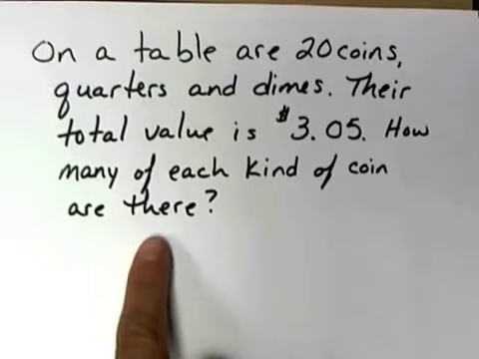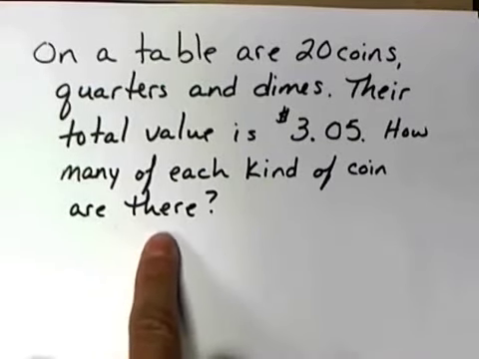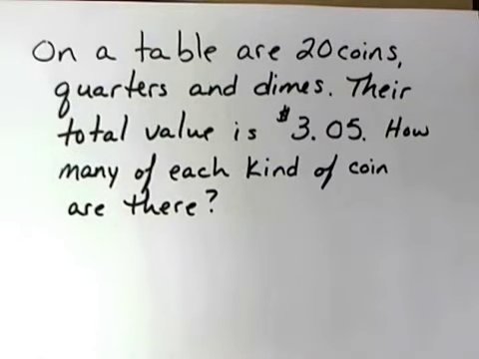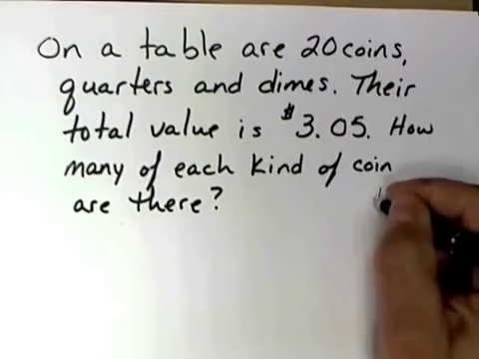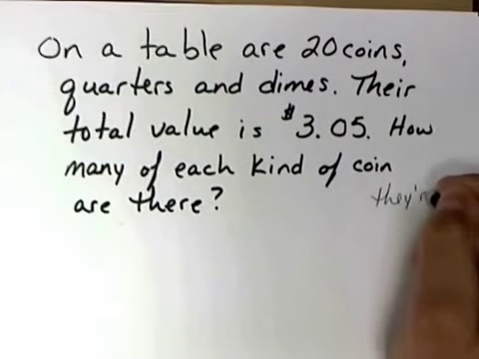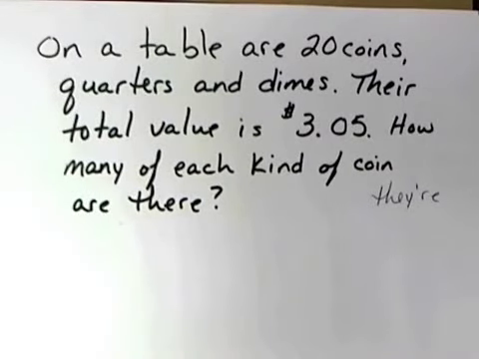At the end, though, it says how many of each kind are there. There, in this case, is out there, that place. And then just so that we are well aware, they're, T-H-E-Y apostrophe R-E, is a contraction. It means two different words: they are. So it's they, as in those two people over there, are something.